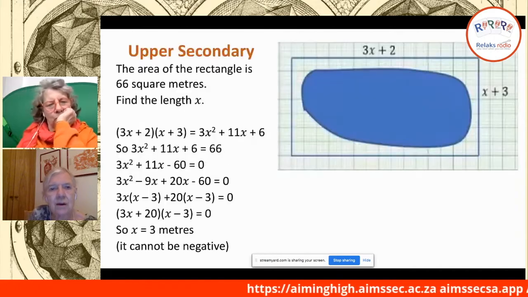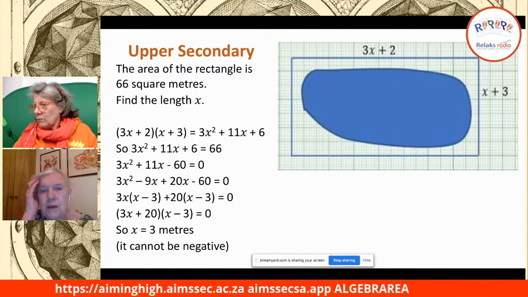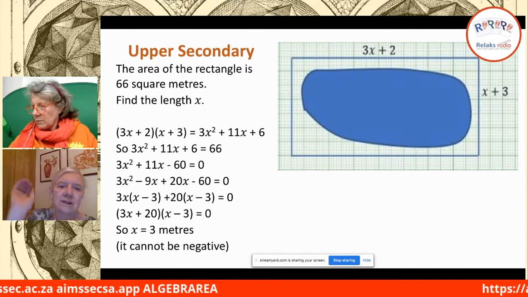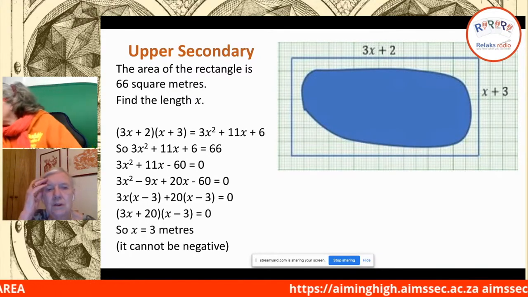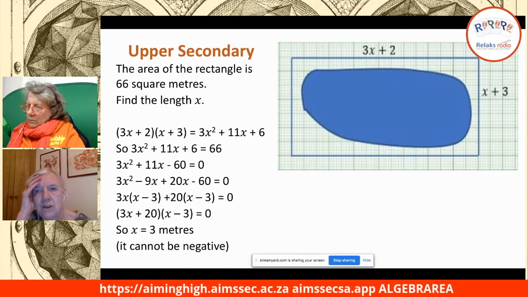Okay, so now the next step was, what might we need this for? Well, this is a very simple little example, but here we're going to be thinking about solving a quadratic equation.